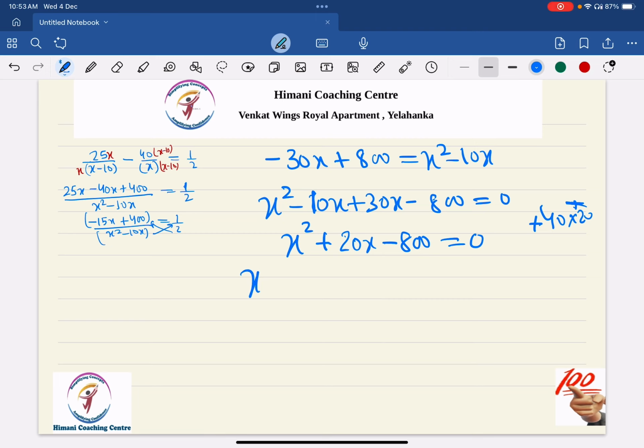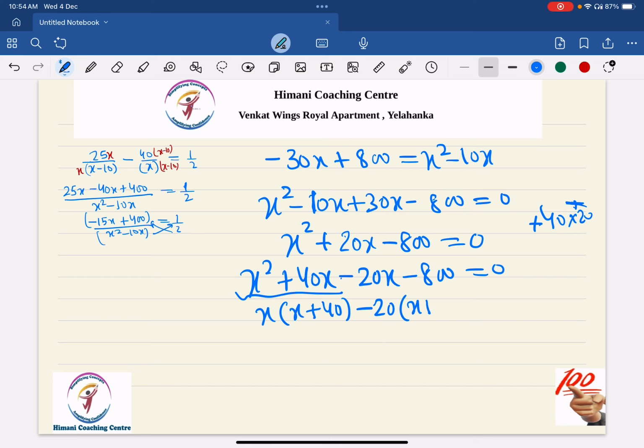So we can simplify this: x square plus 40x minus 20x minus 800 equals 0. Then we will do factors. So x into x plus 40, minus 20 common, x plus 40 equals 0. So we get x plus 40 times x minus 20 equals 0.